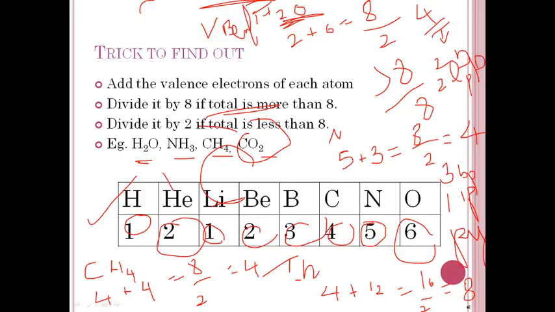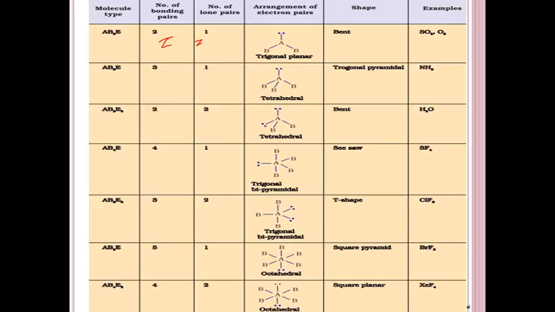And in the exam also you will be given molecules and you may have to find out the shape. So for finding out the shape you need to know the number of valence electrons, and this is a super trick to find out the shape of any molecule, provided you know this table.